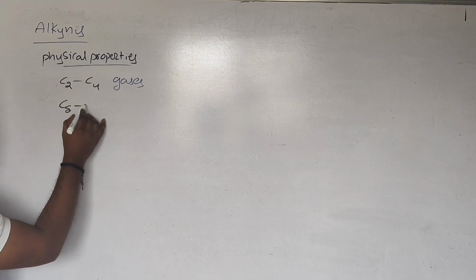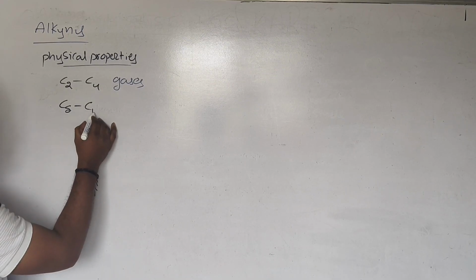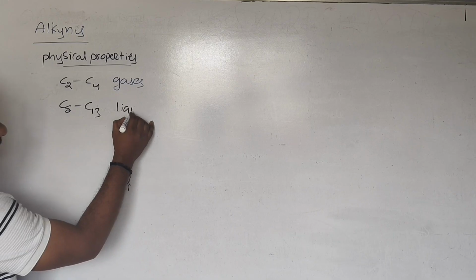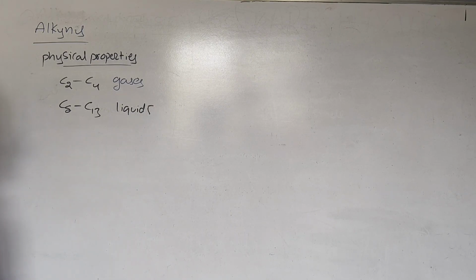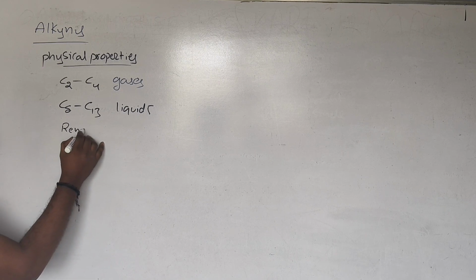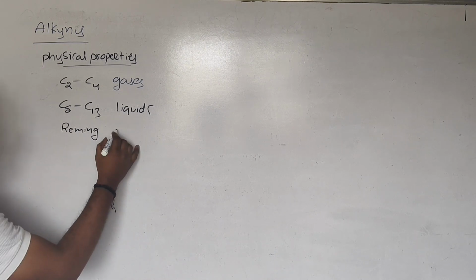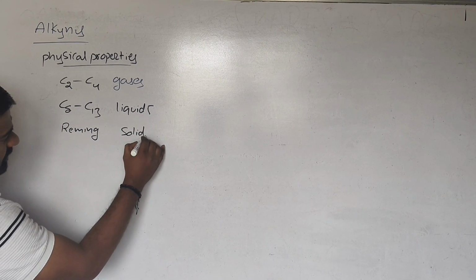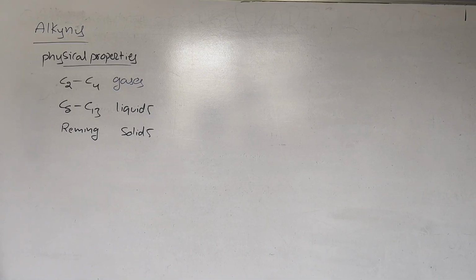From C5 onwards, the next members, up to C13, are liquids. The remaining alkynes are solids.